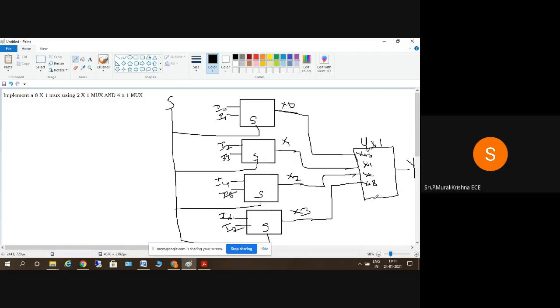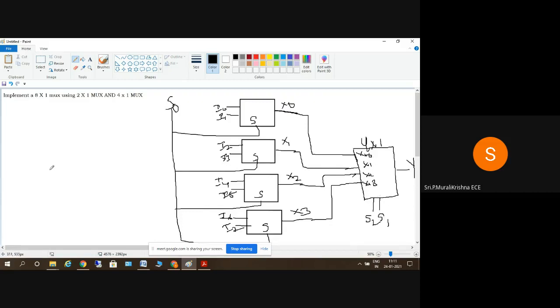Okay, and this will have another 2 selection lines. I'll take this as S0, instead of taking it as this one. This is S2, S1. Based on the selection lines S2, S1, one of these will be selected.